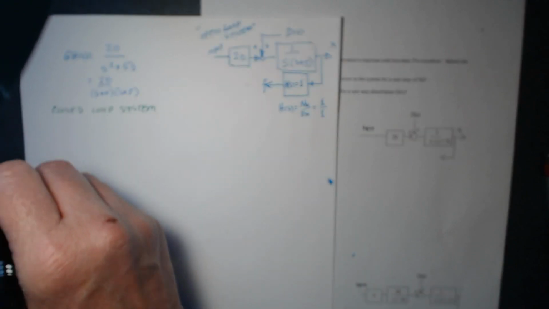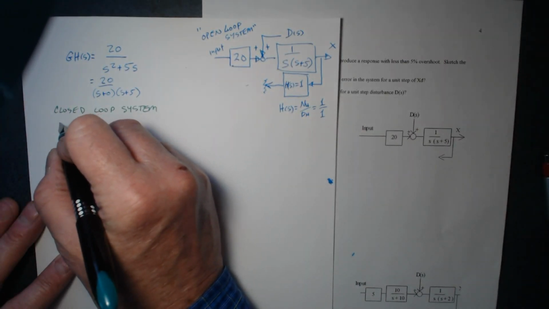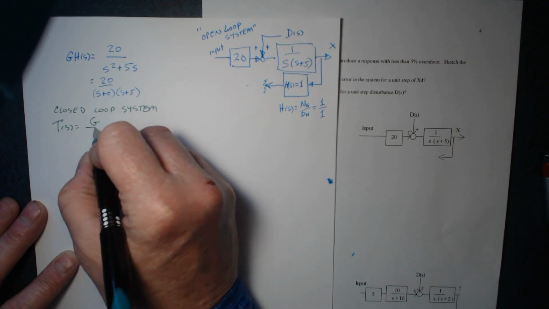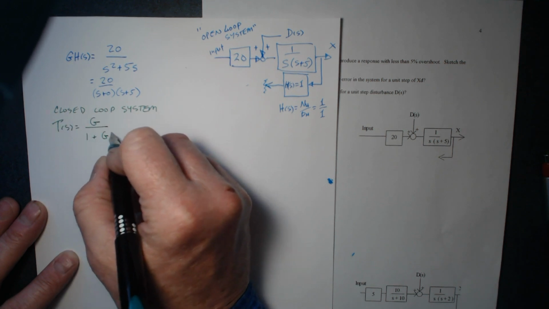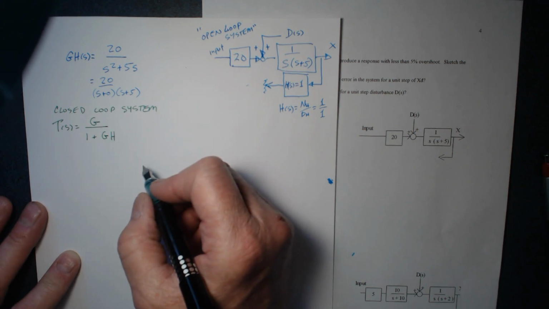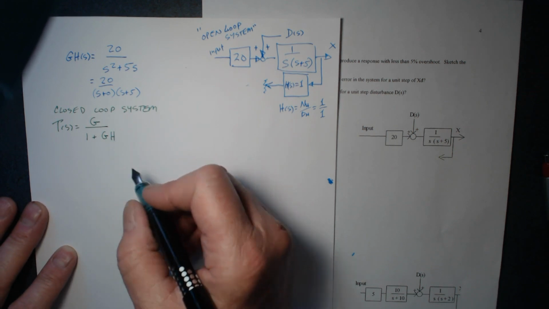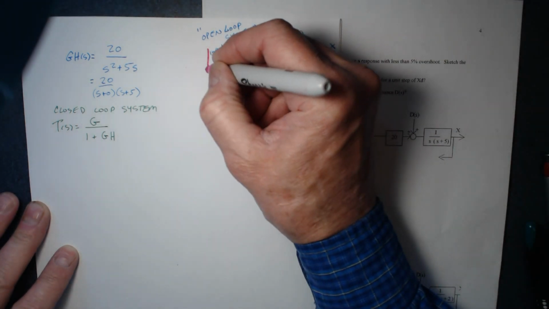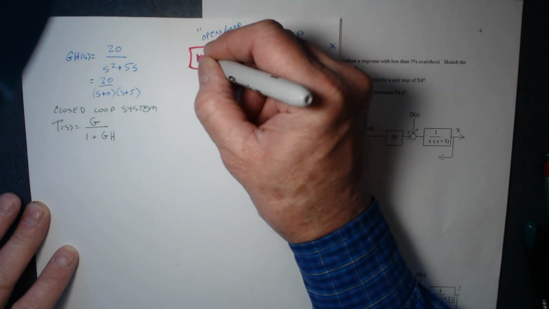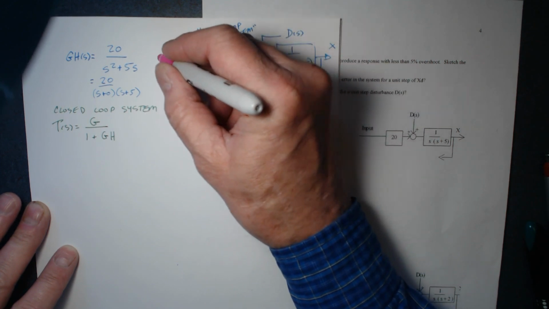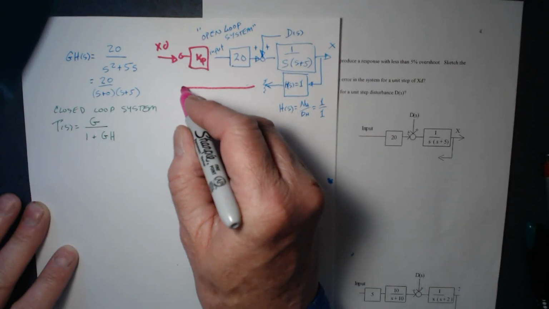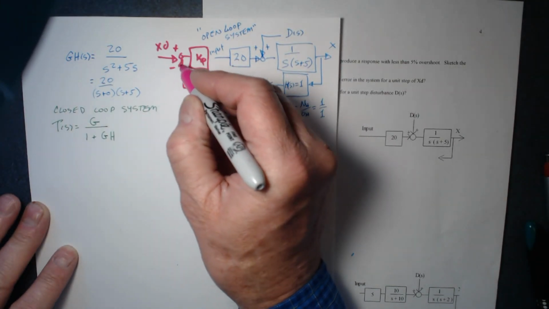In generic terms, the closed loop system is going to be T of S equal to the feed forward over 1 plus the feed forward times the feedback. Again, if this is a closed loop control system, I'm going to put the closed loop controller in, plus minus.